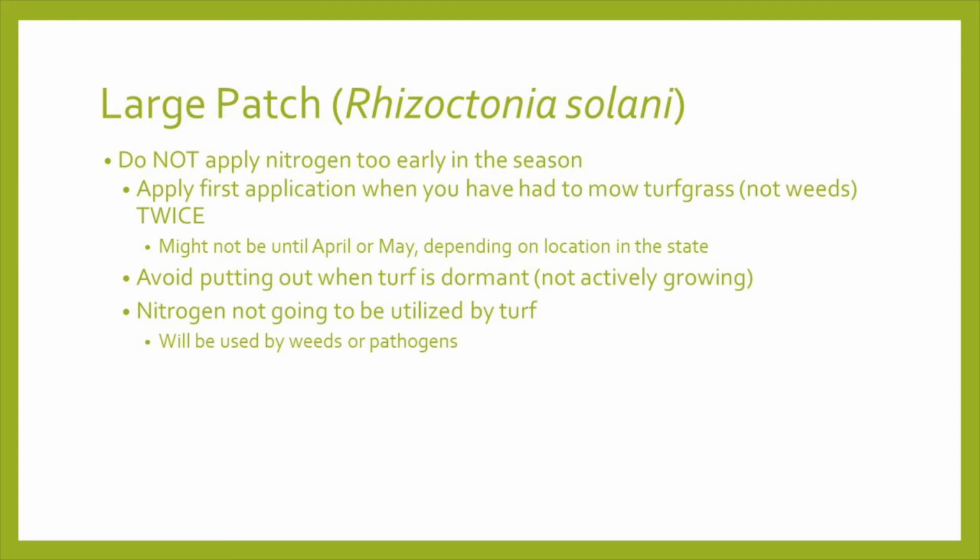For a lot of us, that won't be until April or May, depending on where we are in the state. We want to avoid putting those products out when our turf is still dormant or not actively growing, because that nitrogen is not going to be utilized by our turf, which means something else is going to use it, whether it's some summer annuals that are coming up, weeds that we don't want, or disease like Rhizoctonia.